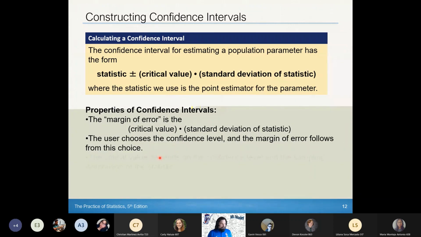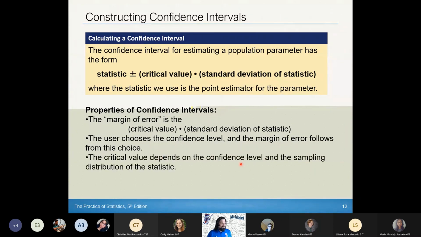Critical value depends on the confidence level and the sampling distribution of the statistic. Greater confidence requires a larger critical value, because a larger confidence percentage means we're widening our range. Right? So we need a larger critical value.